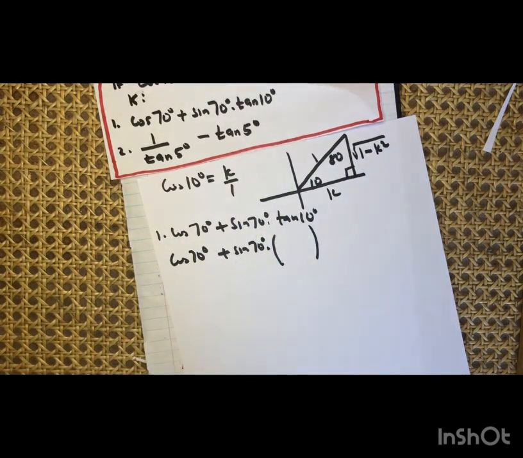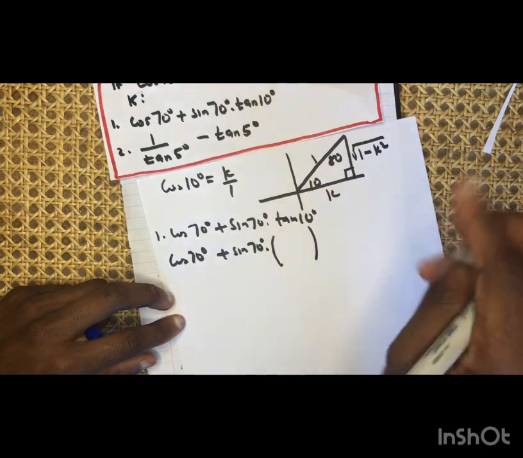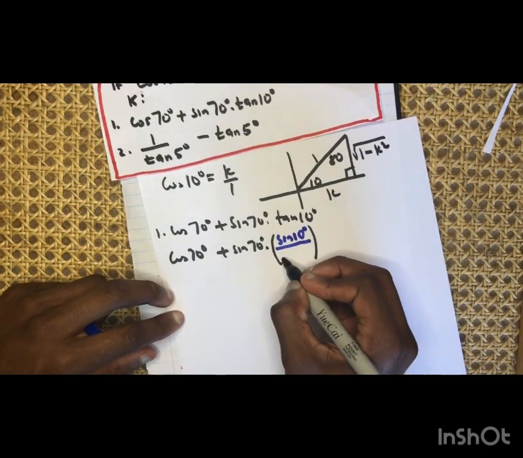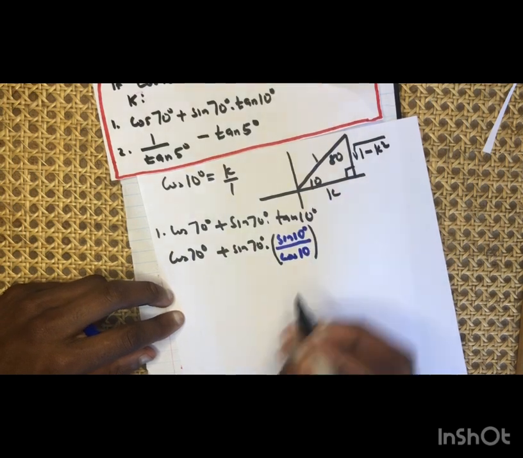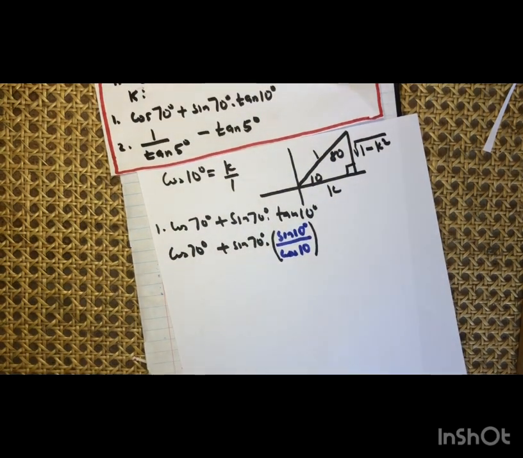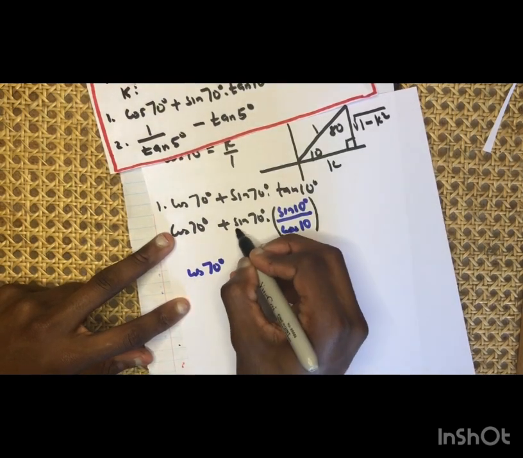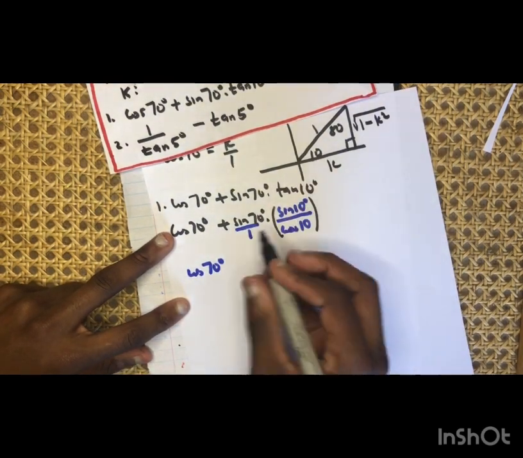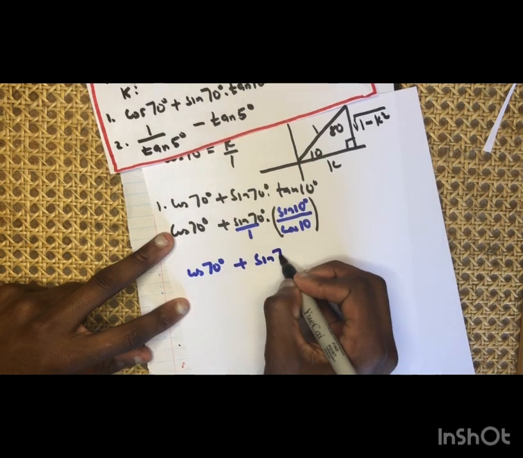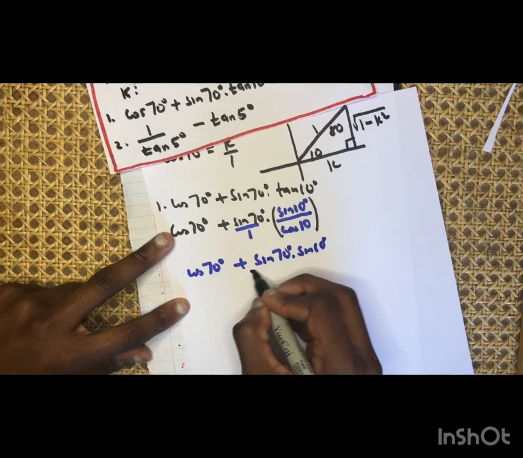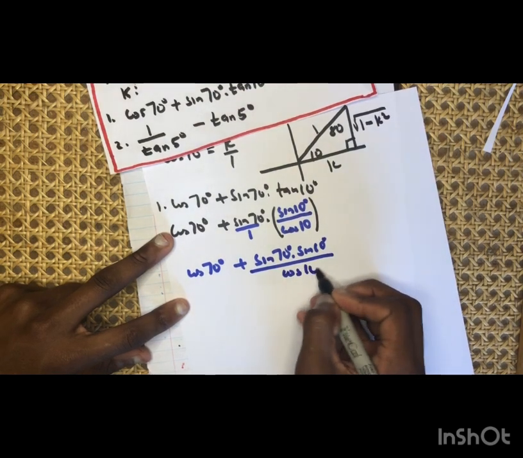So tan is equal to sine over cos, so it's going to be sine 10 over cos 10. Understand? Okay, so now I have cos 70, so we have 1 here. So if I multiply this, it's going to be plus sine 70 sine 10 degrees over cos 10.